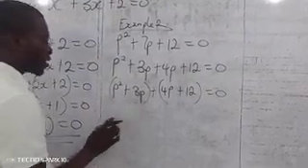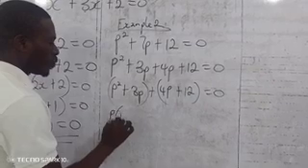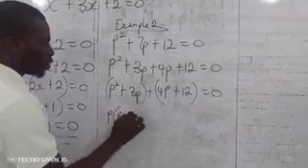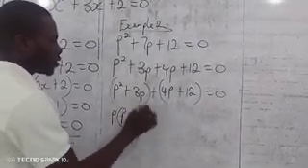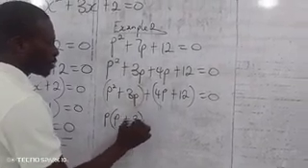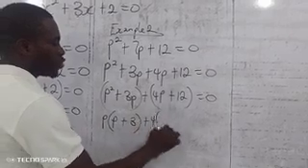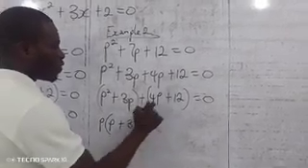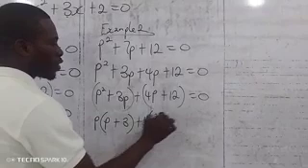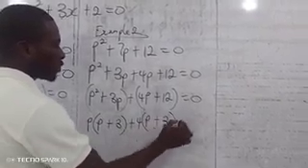Let me factorize here. So I have p into p will give me p squared plus p into 3 will give me 3p, right? Plus 4 into p gives me 4p. Then plus 4 times 3 gives me 12.